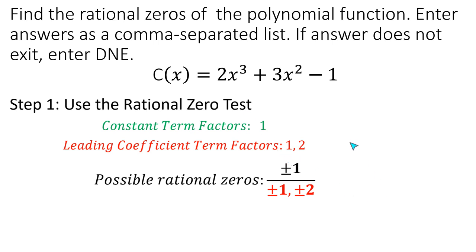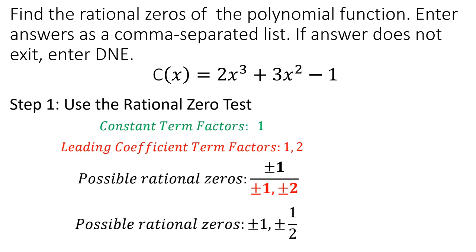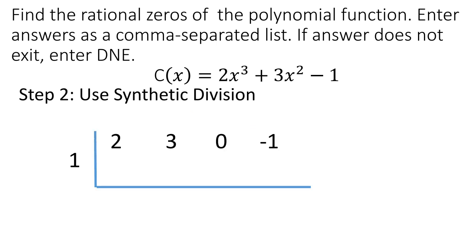So if I set them up, I'm going to divide 1 divided by 1 and 2. And that's going to give me 1 divided by 1 is 1, and 1 divided by 2 is going to be a half. So now I have 4 possible zeros that I can check. So again, I always like to start with 1. I have an x cubed, I have a leading coefficient of 2.